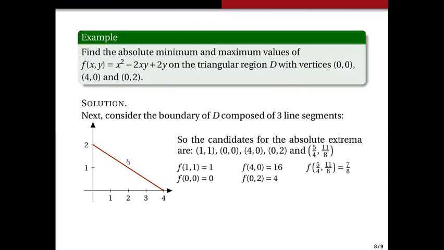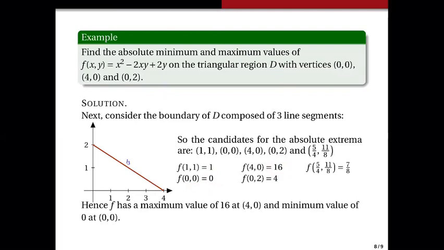And as you can see, this is your highest value and this is your lowest value. The highest value occurs at the point 4, 0. The lowest value occurs at the point 0, 0. So f has a maximum value of 16 at 4, 0, and a minimum value of 0 at 0, 0.